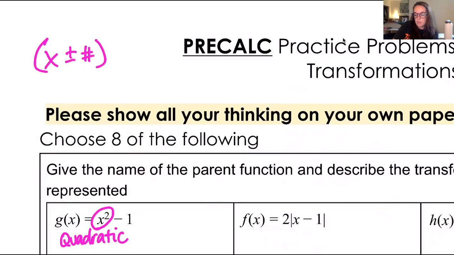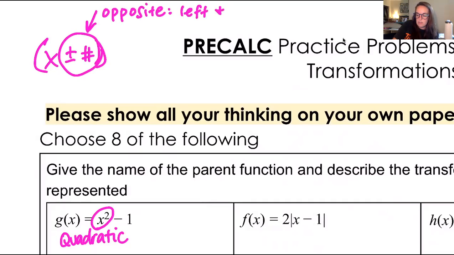Whatever this number is, the opposite action happens left and right. So if it's -3, it's going to move in the positive direction 3. If it's +3, it's going to move in the negative direction 3.